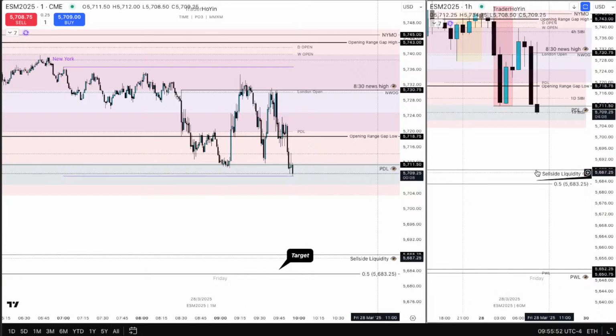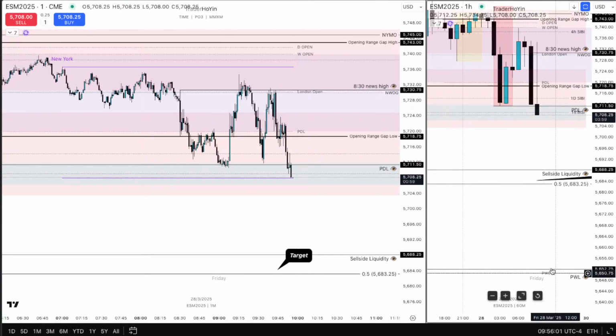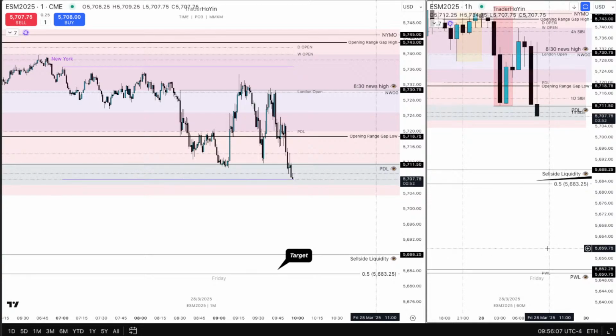So if NQ can deliver and ES fails, then you have a higher time frame bullish SMT for you to frame a long if there's a change in state of delivery on the lower time frame.